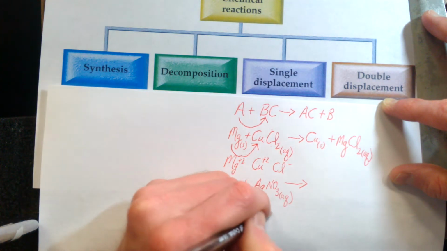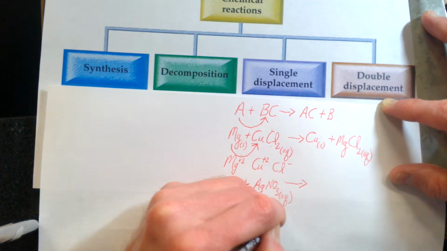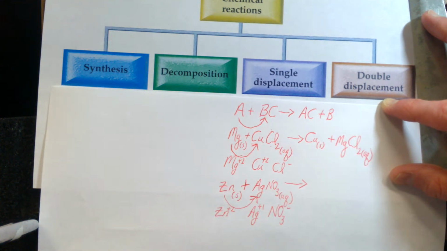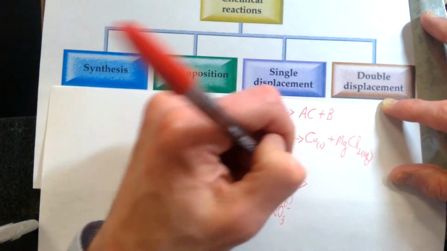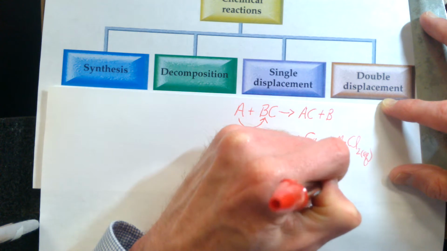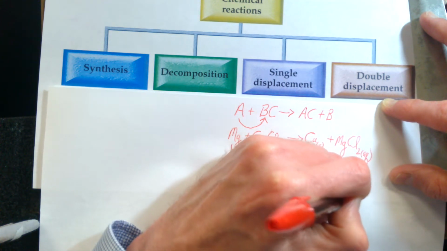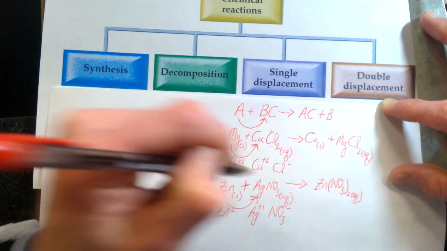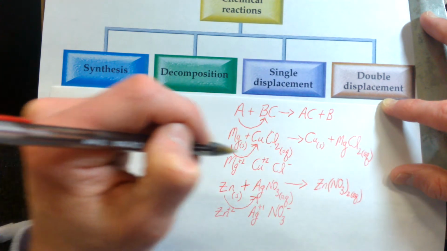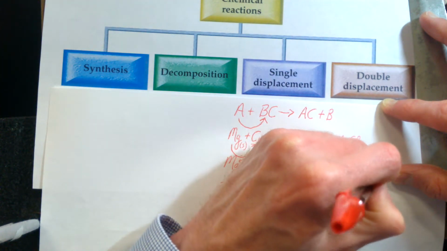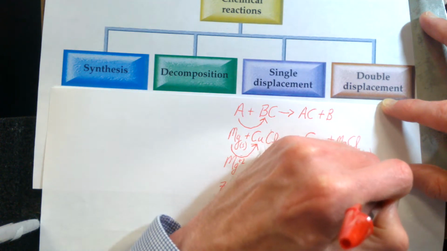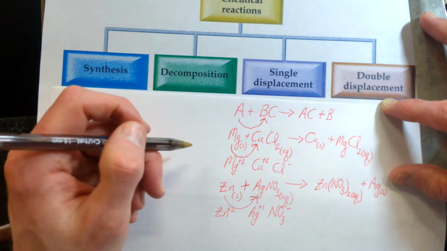One would be displaced. The nitrate is an NO3 with a negative 1 charge. So the zinc would be attracted to the nitrate. So we would have zinc nitrate, a new solution, and then the silver would precipitate out of solution and become a solid.